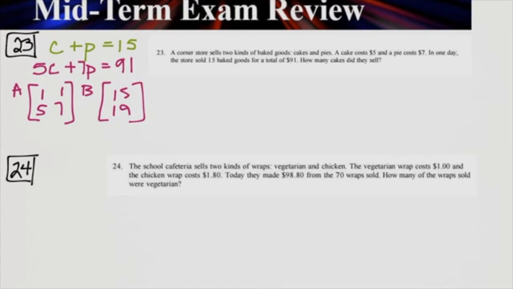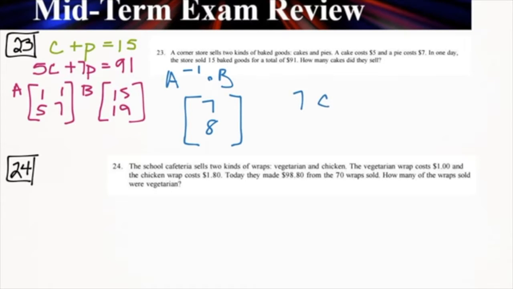Okay, just remember that when you put in a matrix, you need to do A inverse times B. Okay, and if I do that, I'm going to get 7 and 8. Okay, and the answer is 7 cakes.